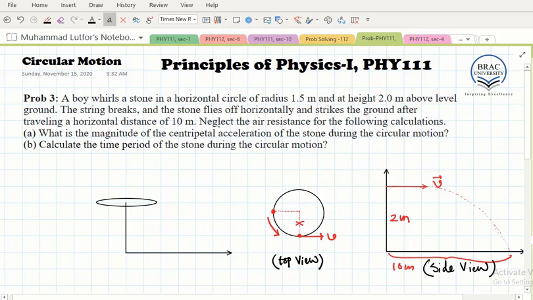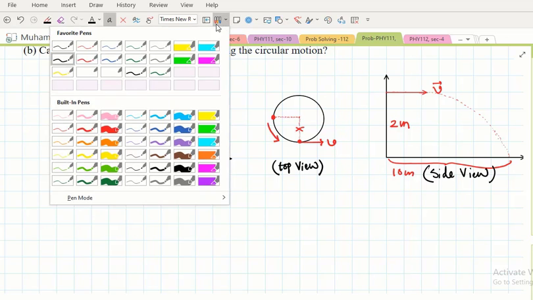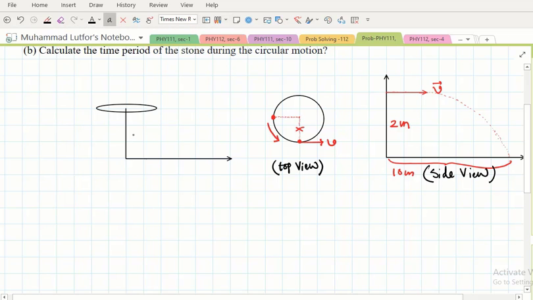So this is the case we are considering: the stone is rotating at 2 meter from the ground, and this is the direction of rotation.